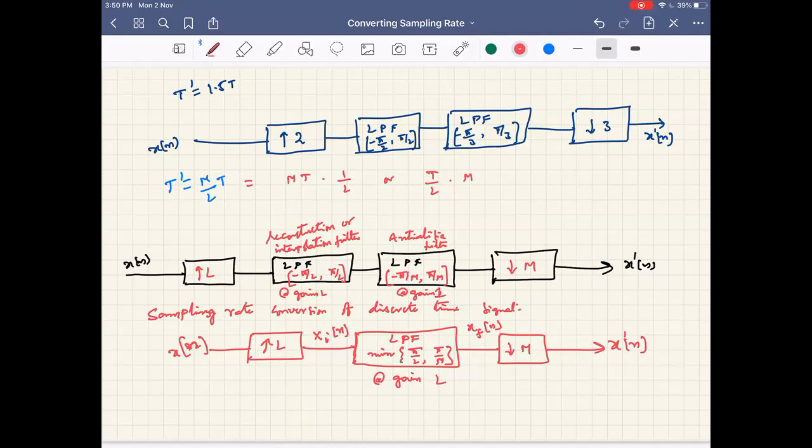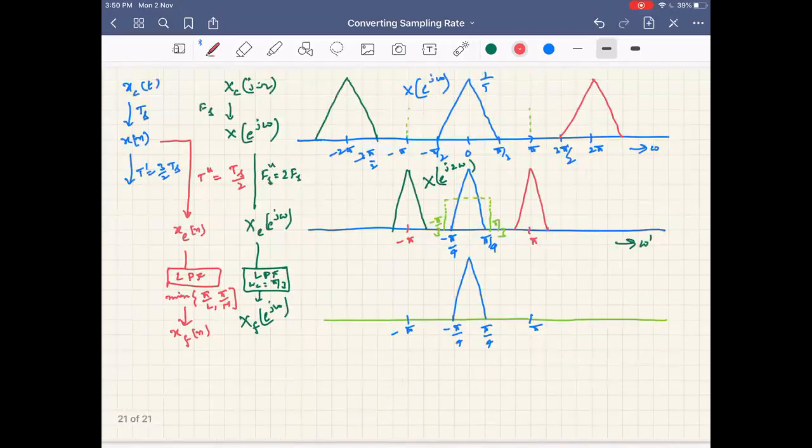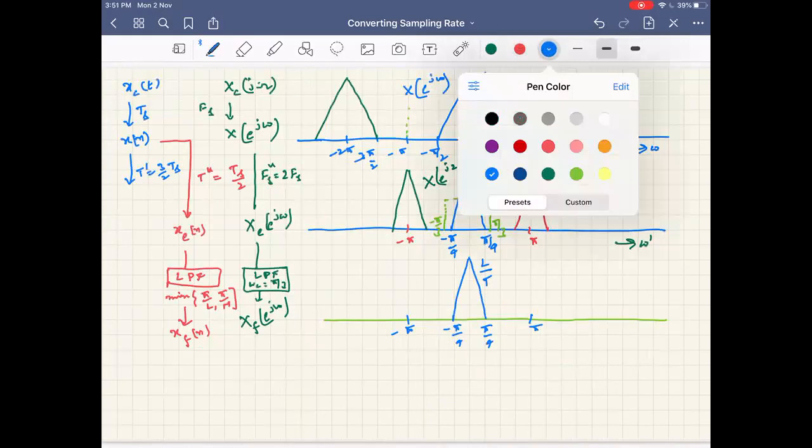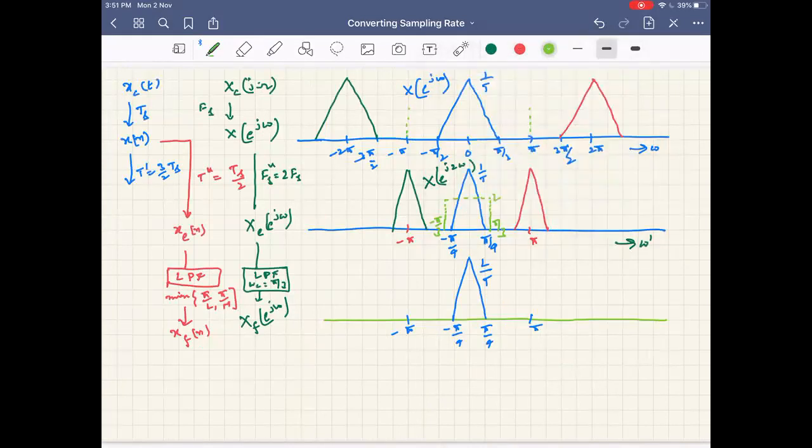Two filters in cascade in the frequency domain is just multiplication, so its gain is L. Its magnitude here is L by T, whereas here it is 1 by T. Please note this is with gain L.